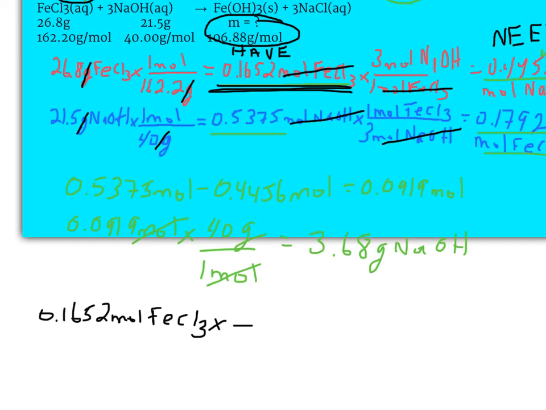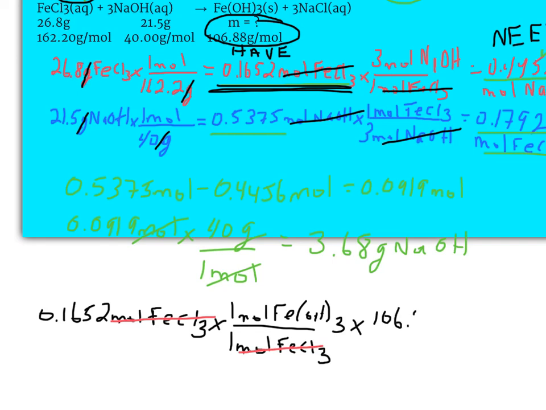My precipitate over here is my iron hydroxide, iron 3 hydroxide. So I'm going to say that I know that I have 1 mole of FeCl3 for every 1 mole of FeOH3. And then I'm going to cross out my FeCl3 and my FeCl3. Now I'm in moles of FeOH3, and I need to find my mass of FeOH3, which means I need to use my molar mass, and my molar mass here is 106.88 grams in every 1 mole.